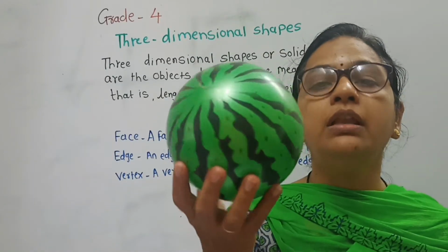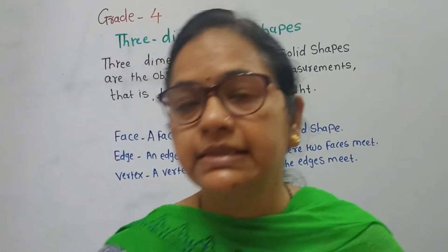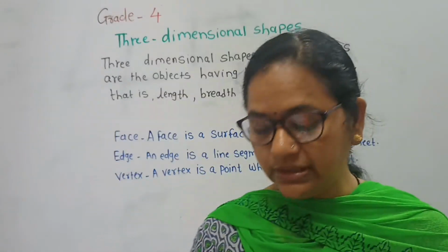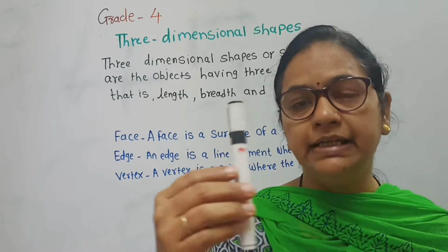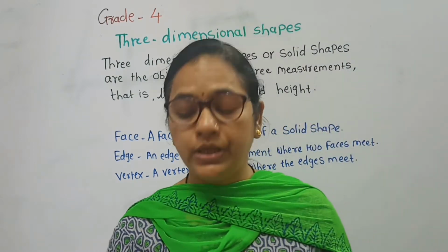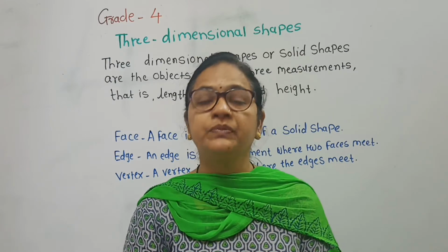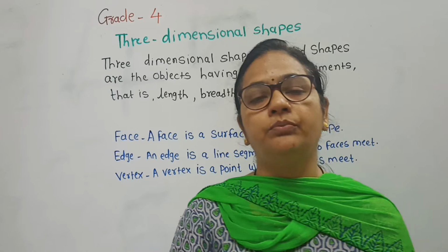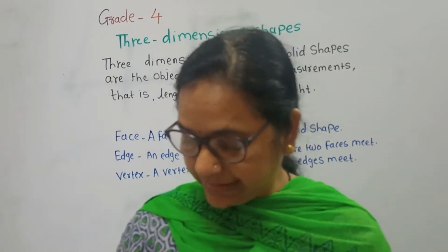See, this ball is in sphere shape. This is cone shape. And you know children, this marker pen is in cylinder shape. Now today we are going to learn about the vertex, face and edge of the solid shapes or 3D shapes.